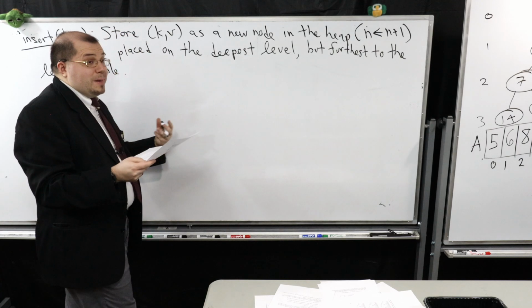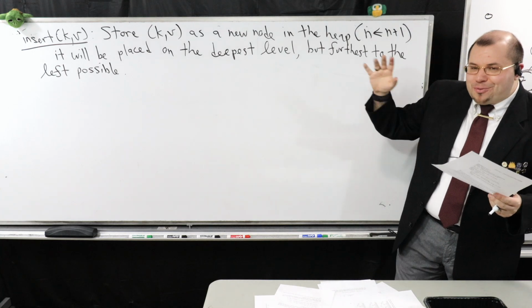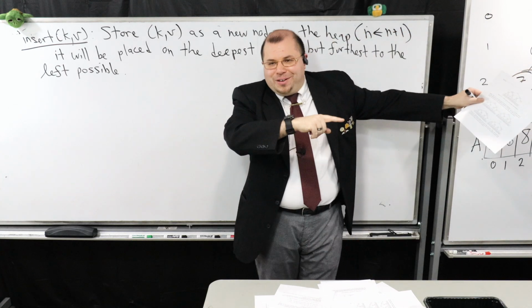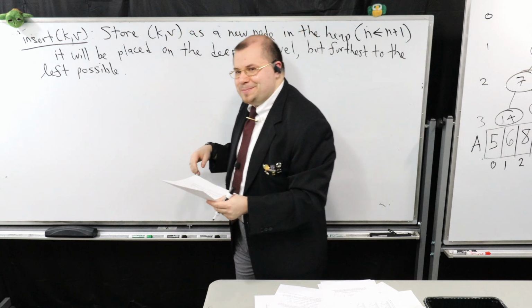Because remember, I need to maintain that complete binary tree property, right? I need to make sure that when I bring something in, it's not hanging out all the way over here. I want to hang out with all my friends over here on the furthest left in the bottom level.